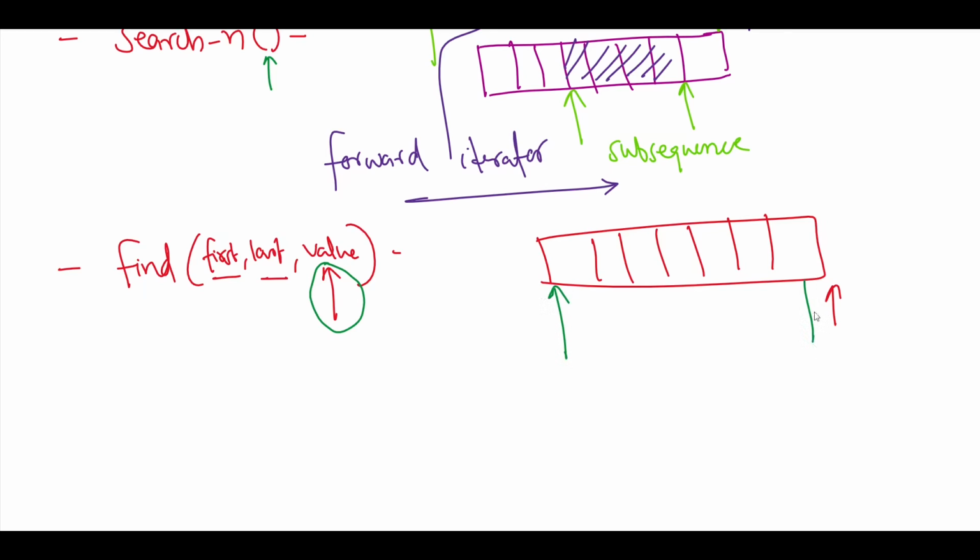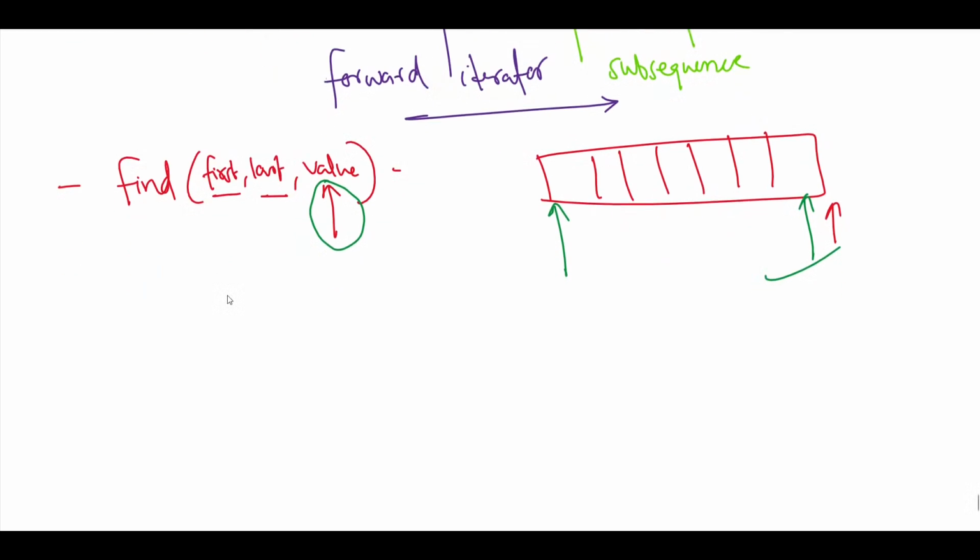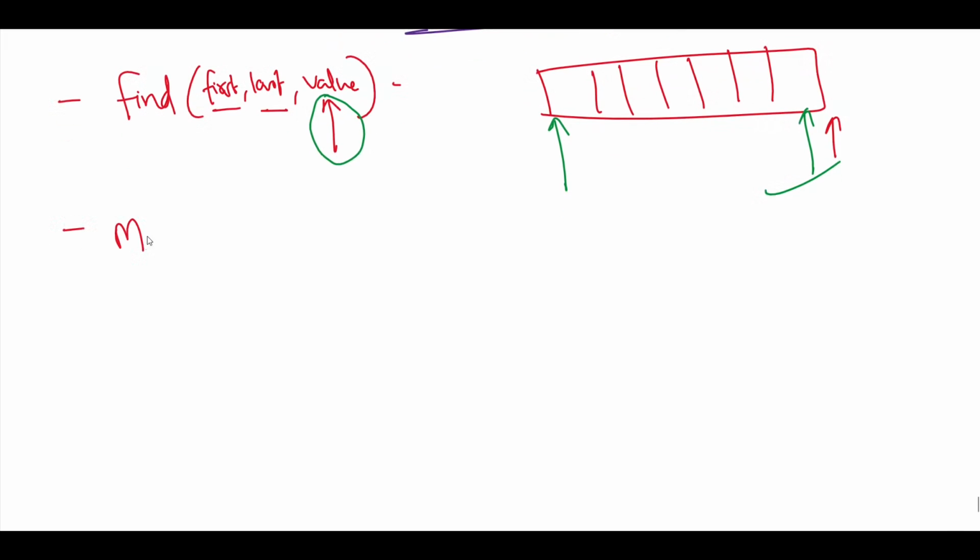Now there is another function, the mismatch function, or you can say mismatch algorithm. It's going to return a pair of iterators where the first iterator of the pair points to the element in the first container and the second iterator points to the element in the second container where the mismatch has occurred.